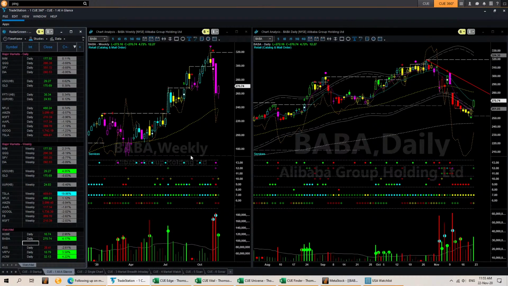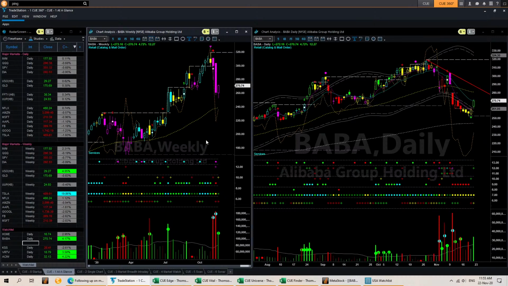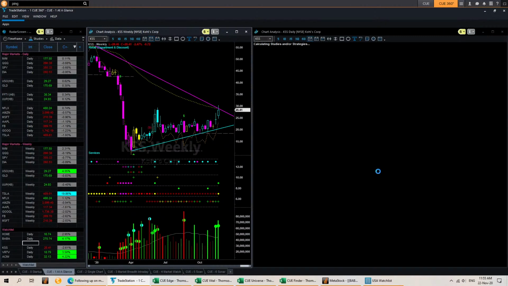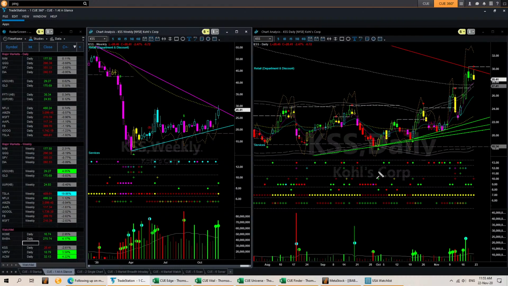How is KSS today? I didn't check how it did after that. Let's see if it could break out of the trendline resistance. No, it could not. It is still below the weekly and daily resistance. I exited right on the day. First time it touched the trendline resistance, came down.